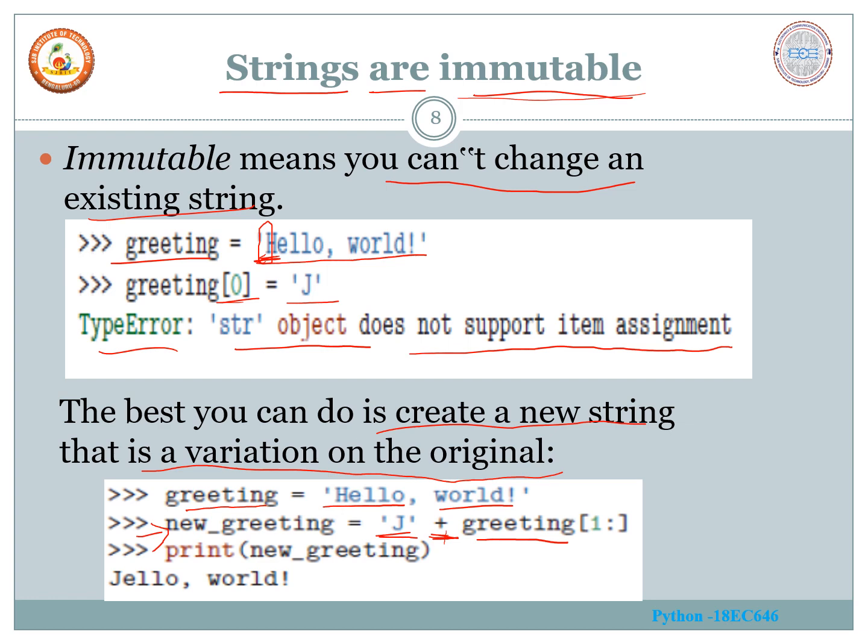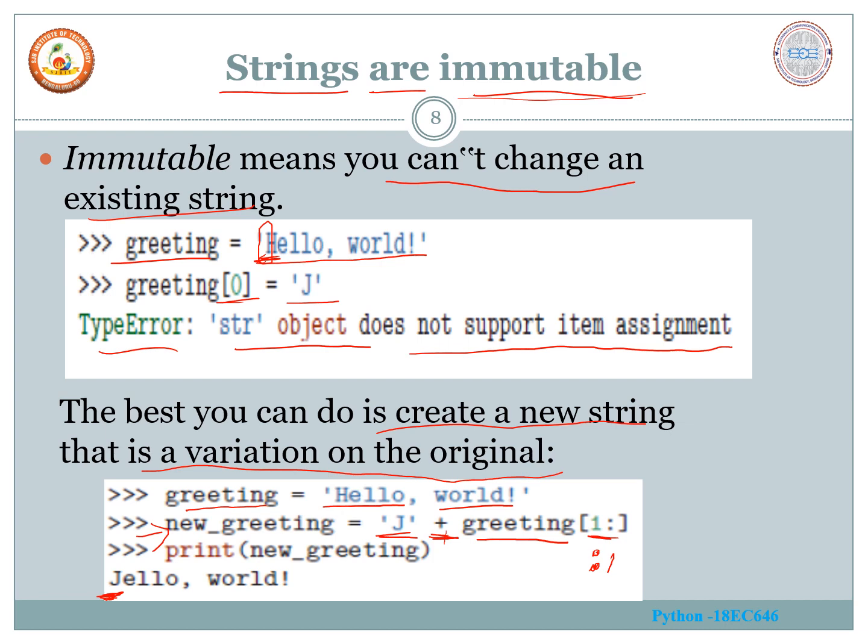So what you can choose is the first letter. Probably there is a small mistake which is shown here. It should be colon 1. That means it is pointing to the first index since it is beginning with the first index. So the result would be the replacement of h with j.